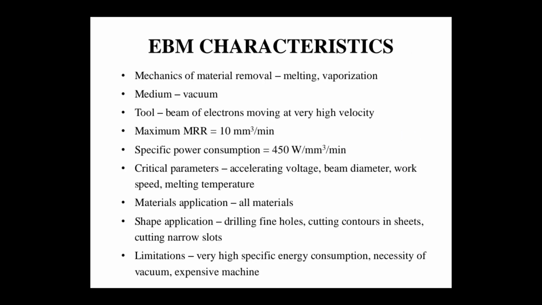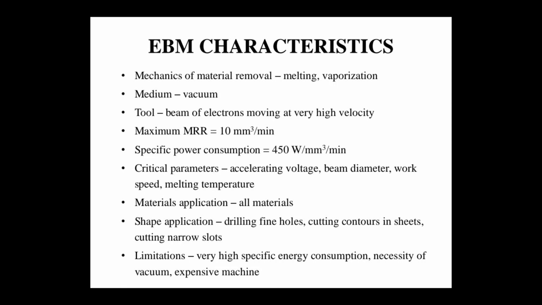Now we'll discuss the EBM characteristics. How does this material removal happen? The action is melting and vaporization. This process happens in a vacuum medium. A tool beam of electrons moving at a high velocity is used.